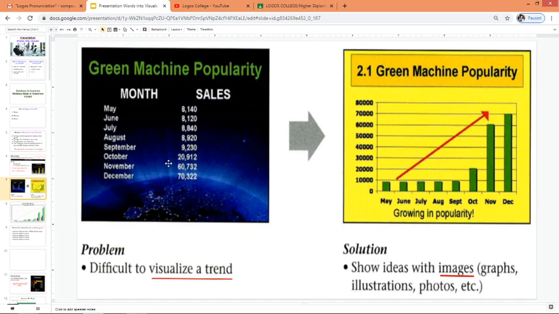In this case, they're trying to present the fact that the popularity of the Green Machine has increased from the months of May to December. But with this list, it's hard to see the important months. It's hard to see the important trend.